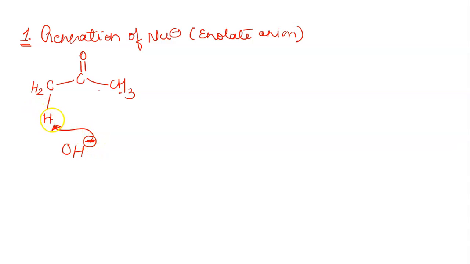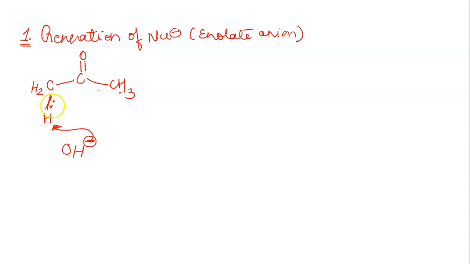Now this H is leaving as H plus. It means it is going to leave its electron behind. So if you look at this bond, there are 2 electrons. One belongs to carbon, the other one belongs to hydrogen. But hydrogen is not going away with its electron. It's not going away as a hydride. It is leaving as H plus.